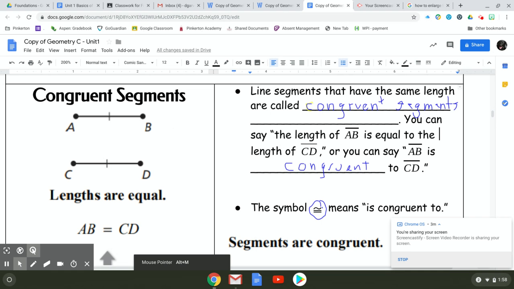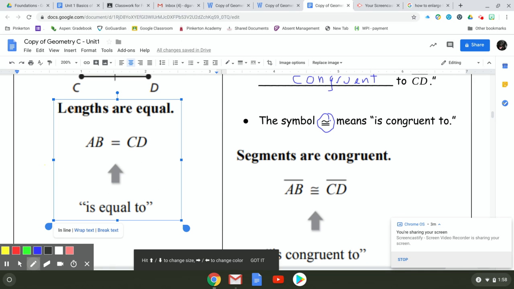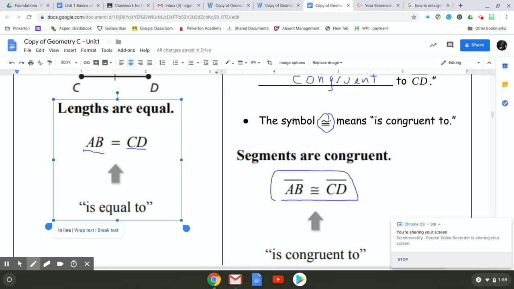So I could either say here that AB is equal to CD, or I could say AB is congruent to CD. Now notice, if you're talking about their lengths, you don't put the little segment symbol on top. So if you're using an equal sign, you just do AB and CD. But if you've got the little segment symbol on top, then you're using the congruent symbol.